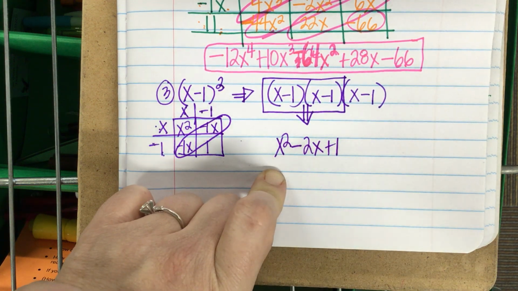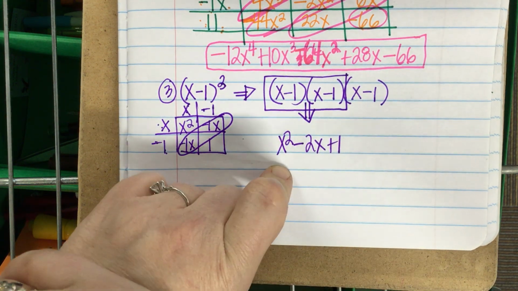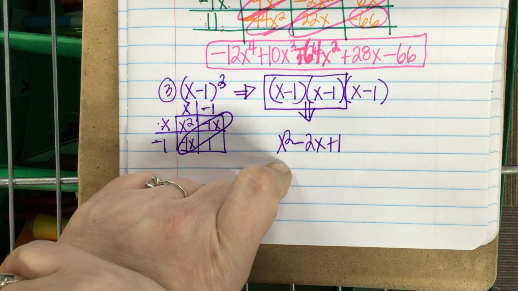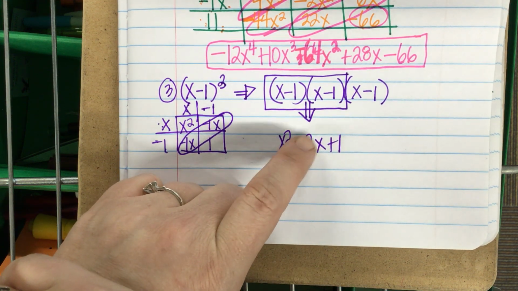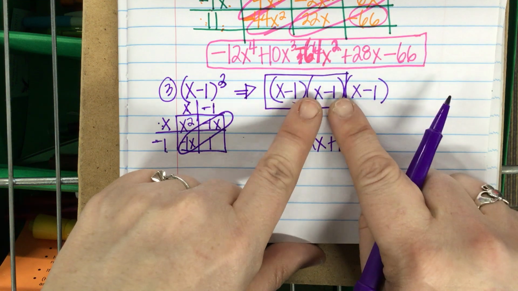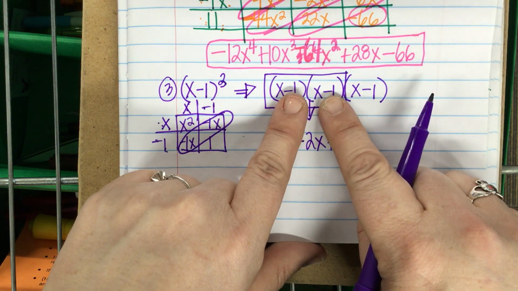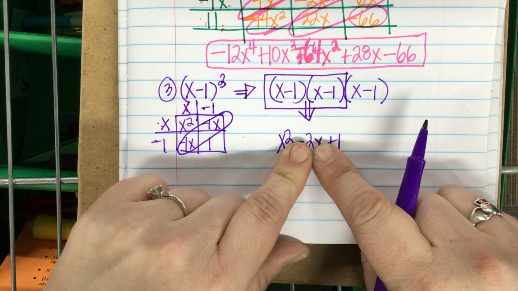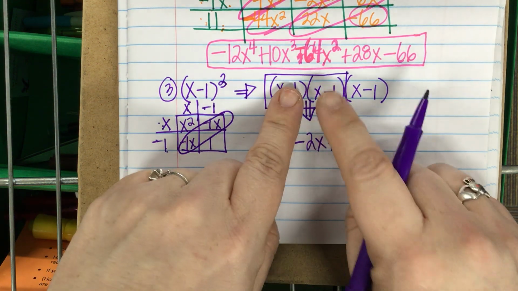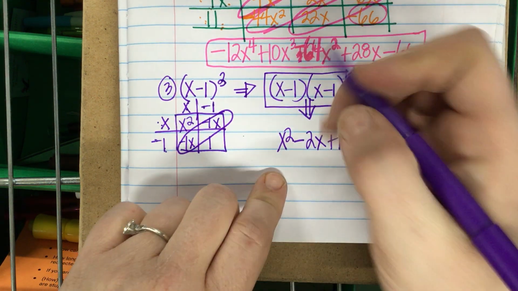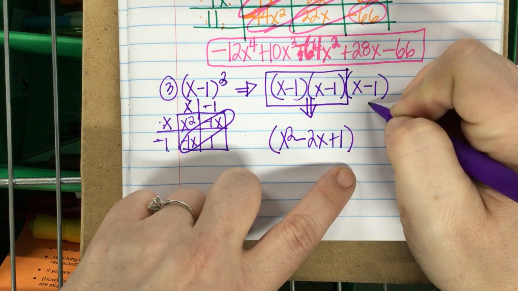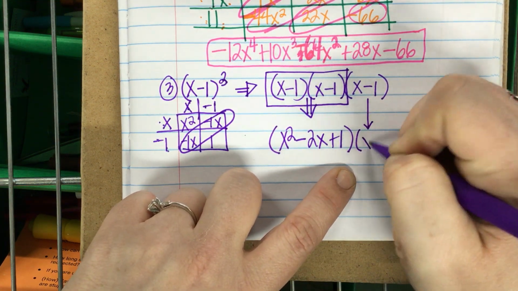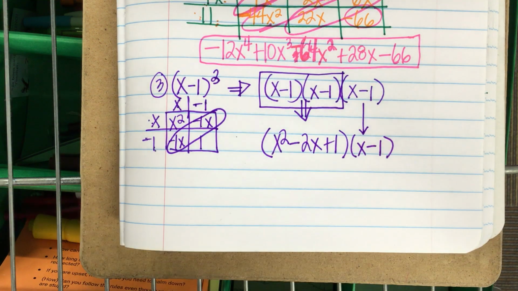This is our homework from last night, foiling. I did these two problems right here and got this answer. Now what am I going to do? I have 3. Multiply that by the third one. I did the first two.